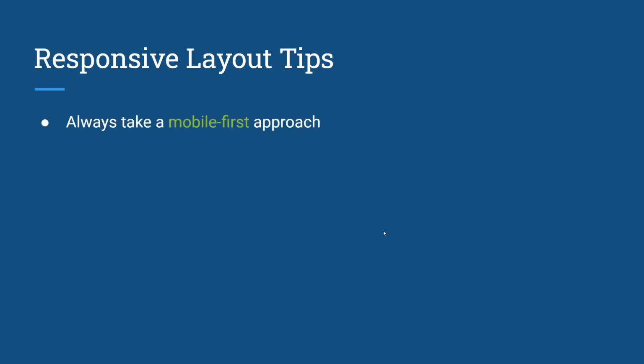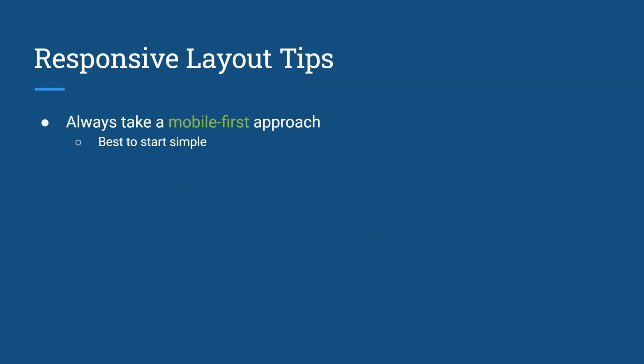So I always take a mobile first approach, and there's a couple reasons for this. It's best to start simple. A mobile layout is typically the simplest layout. It's the smallest screen. There's only so much content you can fit on it.